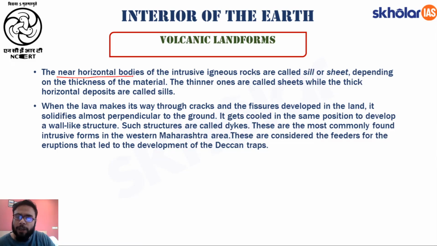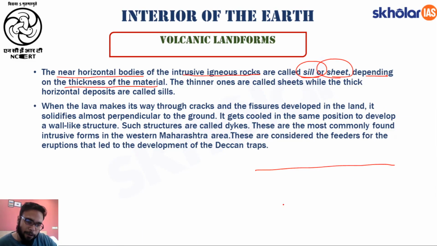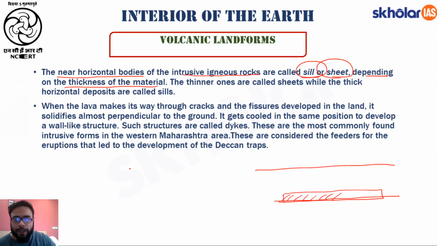Then the near horizontal bodies of intrusive igneous rocks are called your sills or sheets, depending upon the thickness of the material. Now suppose a material gets deposited along the horizontal layers. Your laccolith was of this structure, your phacolith was of this structure, that means it has a wavy portion, right?